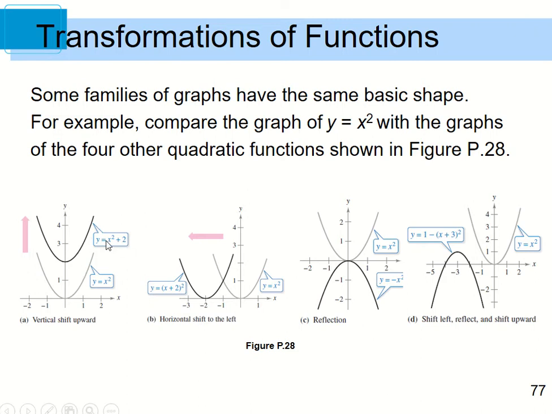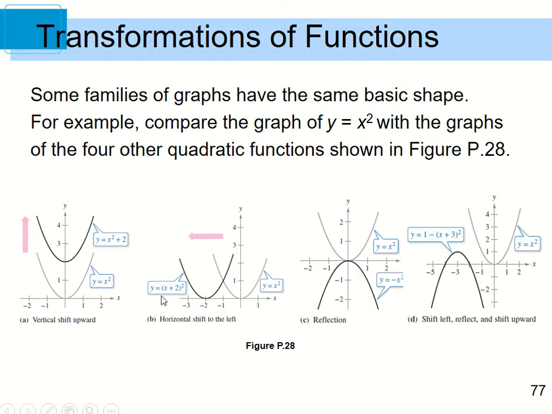If we have x squared minus 2, then we shift the graph down. The vertical shift happens when we have the function x squared plus or minus a value.